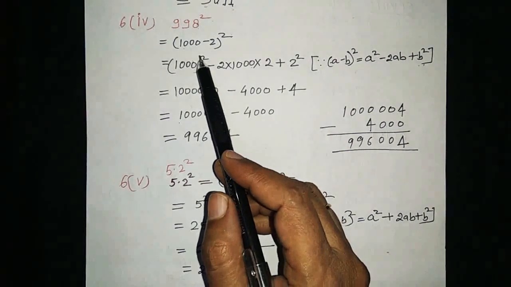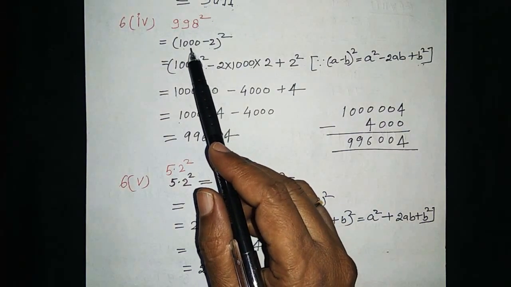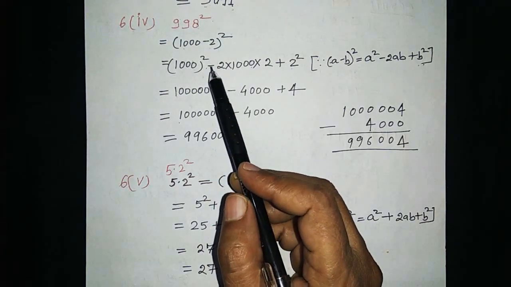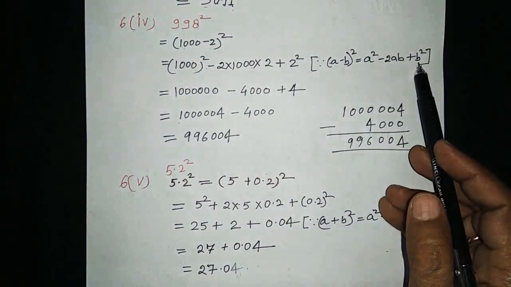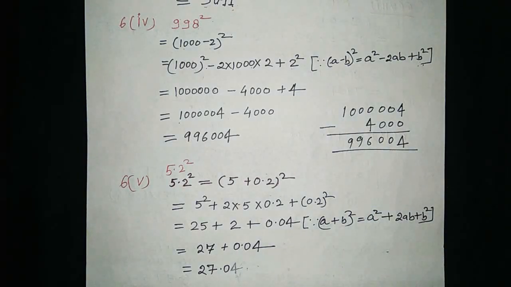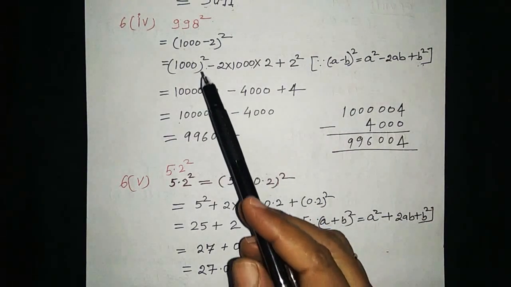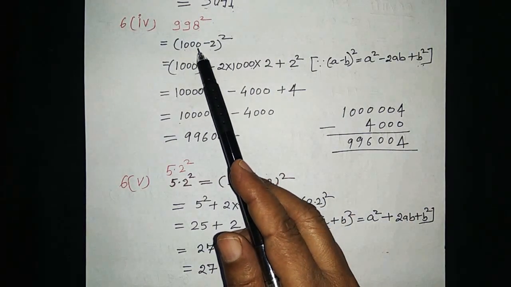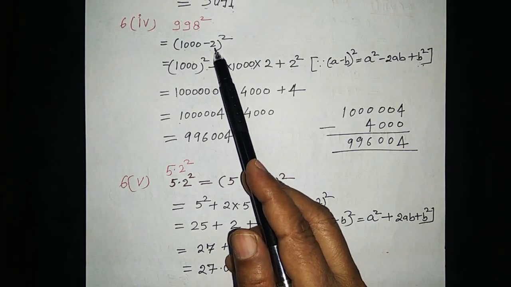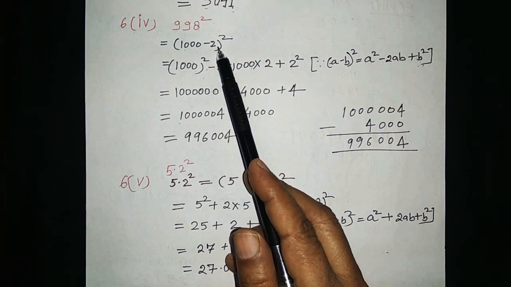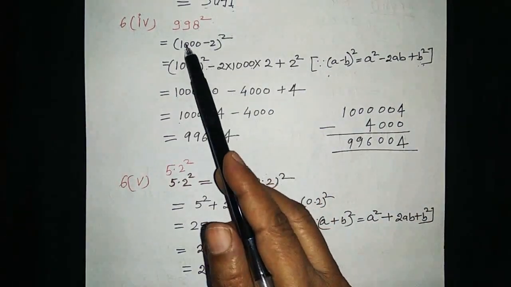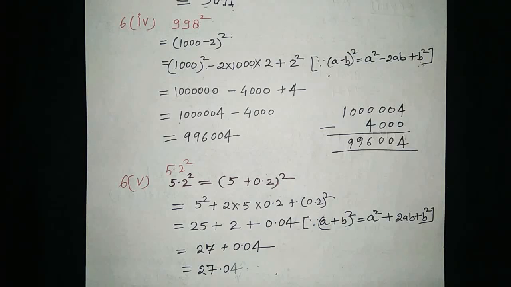Now we will see that here it is in the form of A minus B whole square. So this identity we will mention here, which we will use now. After writing this, for A we will write 1000, for B we will write 2. Because A minus B whole square and 1000 minus 2 whole square, both are same.